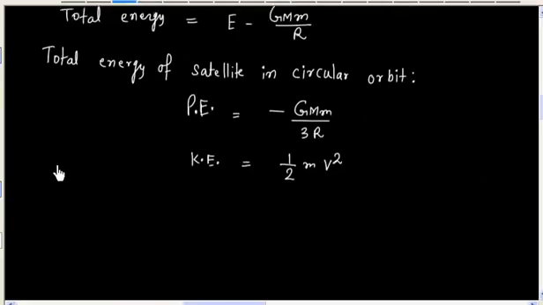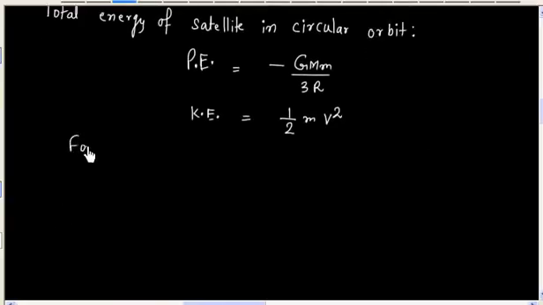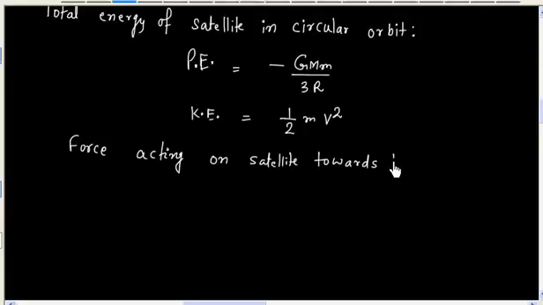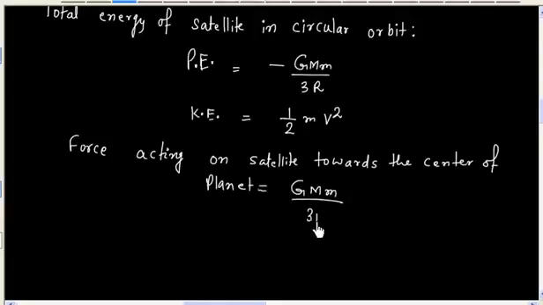So we can write force acting on satellite towards the center of planet, and this is GMm by 3r square.